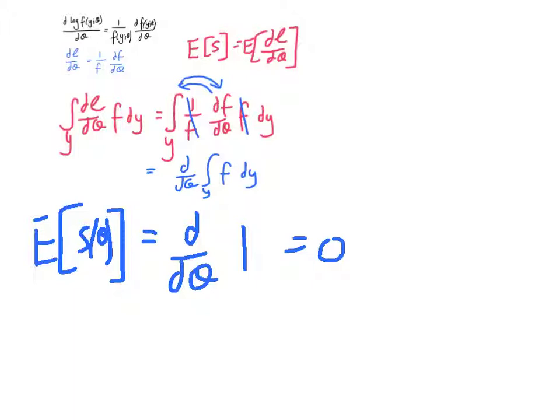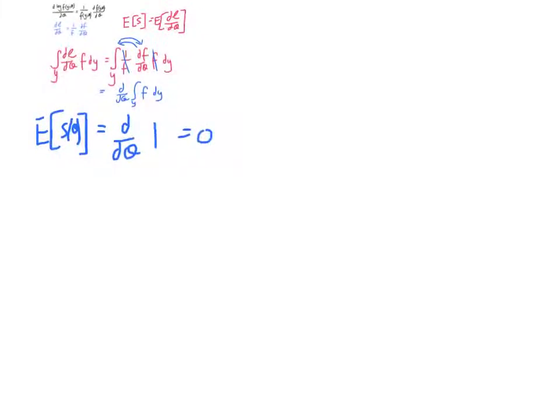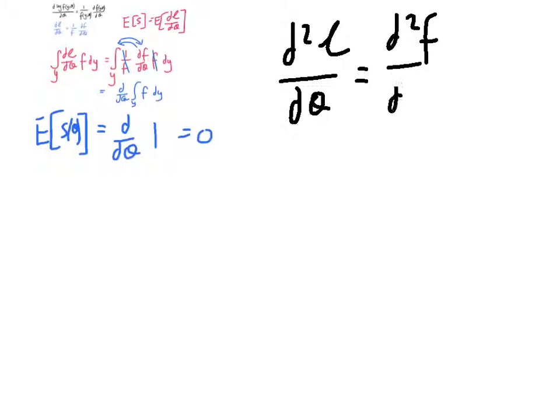Okay, so if that's the score sorted, the next one we want is the information. If I move this to one side, the idea we're going to use here will involve taking the second differential of the log likelihood, and we're going to use the identity that that's the second differential of the density function times 1 over f, minus the first differential squared.